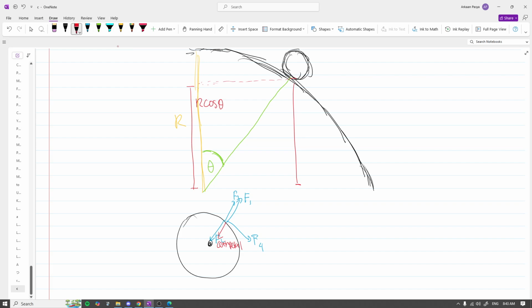So the F radial is F1, F3, and F2 because they have the same direction or the same dimension as towards the center of the circle. F4 does not because it is perpendicular or tangential to the circle. I hope that makes sense.